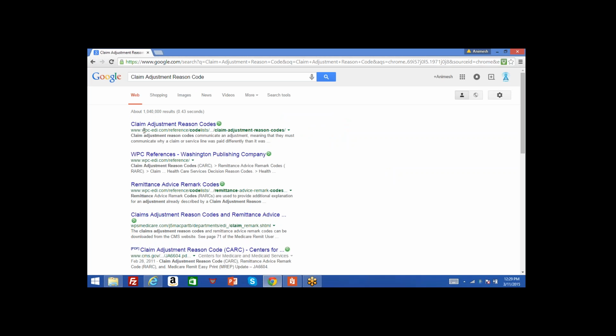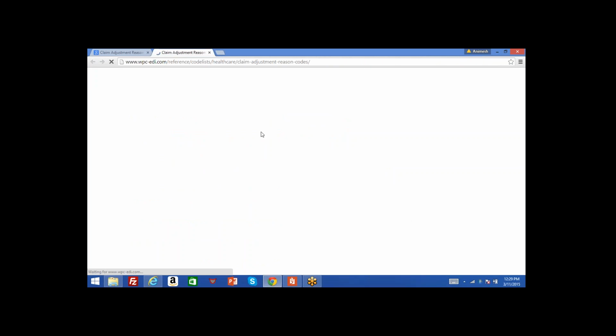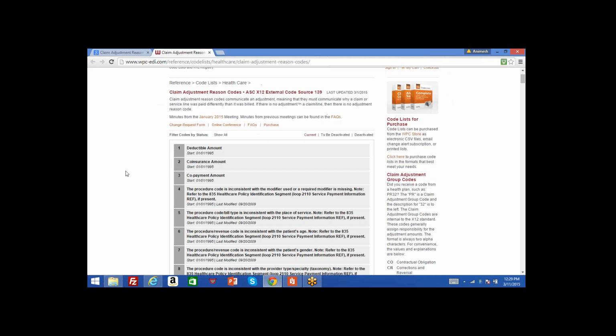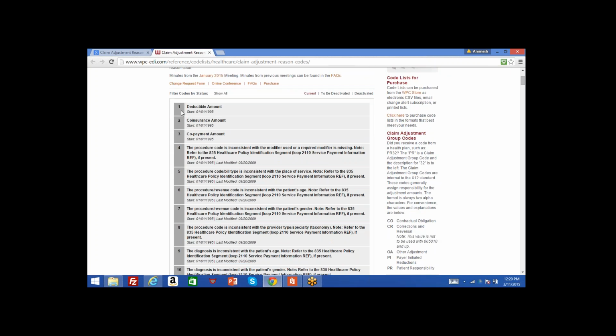It will combine the total charge of lines A and B, where the contract amount will say $120, the deductible will say $50, and co-insurance will say $20. So the total member responsibility will be $70, and the $50 would be your check amount which your insurance is going to pay. And that is how you balance out the claim.